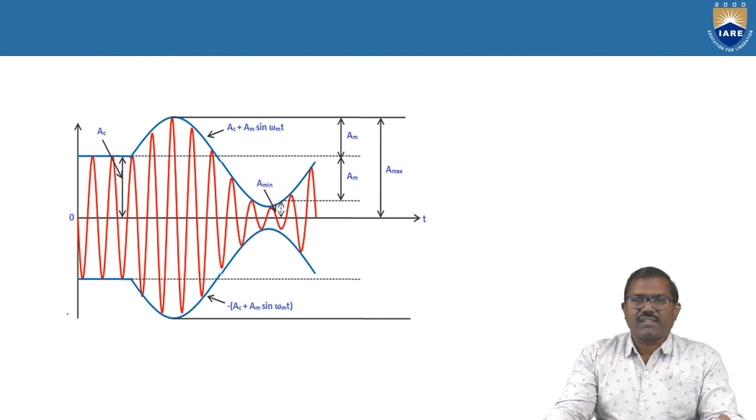So here we can see our amplitude modulated signal. In this picture, you can see Ac, that is the amplitude of the carrier signal, and Am, the amplitude of the message signal. So by using this, we can calculate this mu.